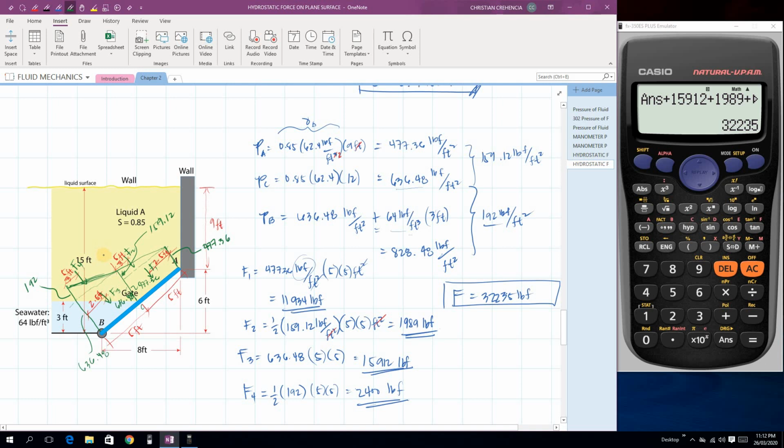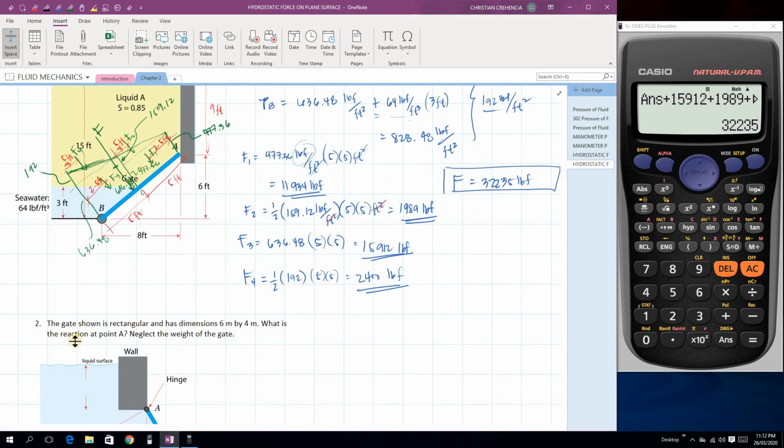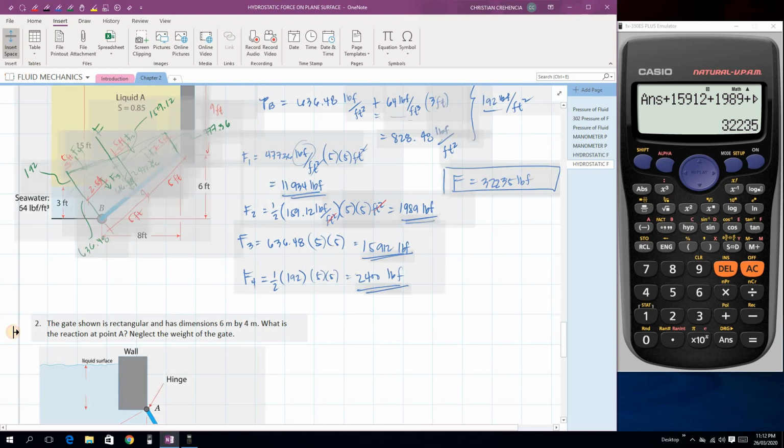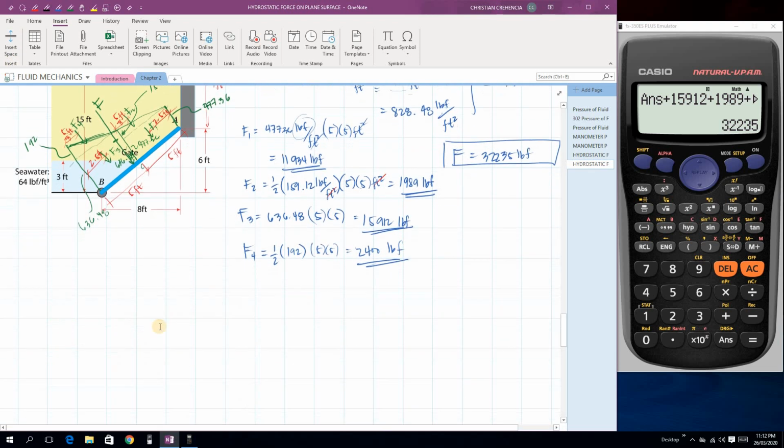So kung ilolocate na natin yung hydrostatic, total hydrostatic force. So, sabihin natin somewhere dito, yung force F. Okay. So, magsasum up lang tayo, magsasummation lang tayo ng moments about, pwedeng about point B. Shift lang tayo ng space. Okay.